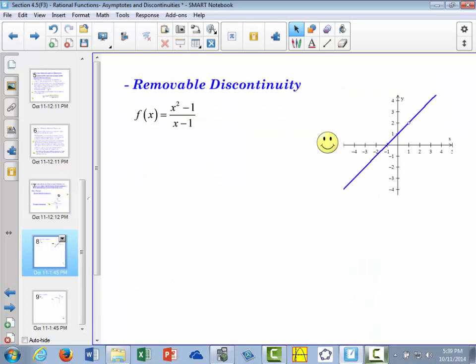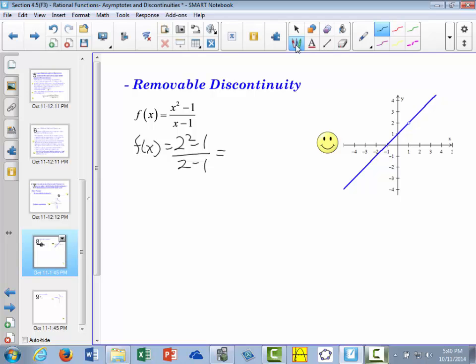So let's start with a removable discontinuity. Here's an example of a removable discontinuity where the function is x squared minus 1 over x minus 1. Now here, if you plug in a value, let's try 2. We'd say f of x equals 2 squared minus 1 over 2 minus 1.